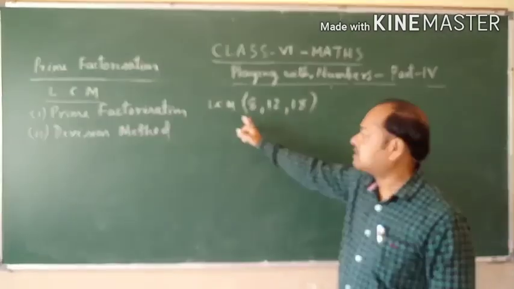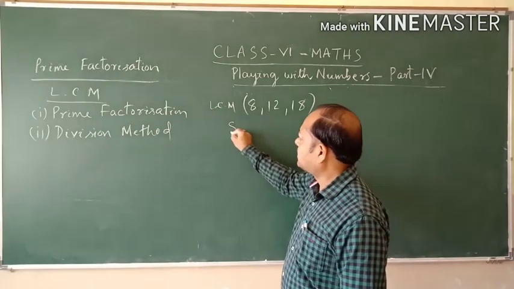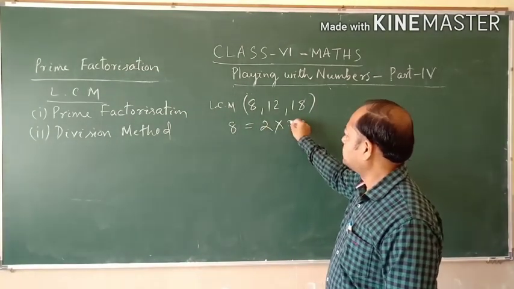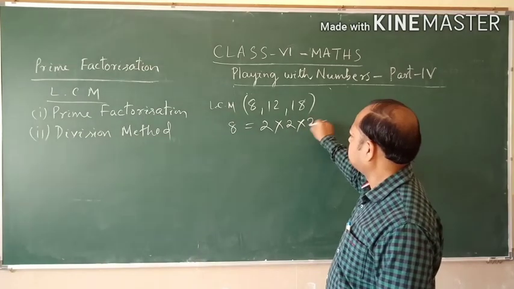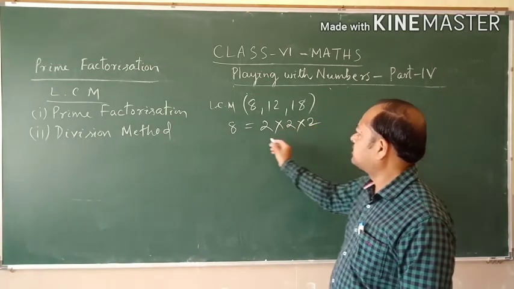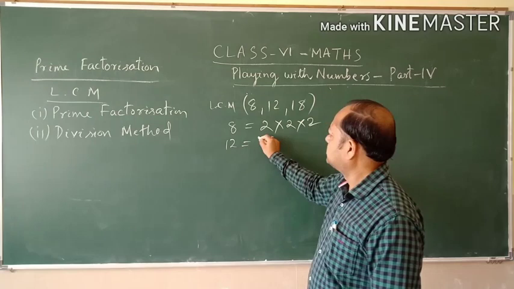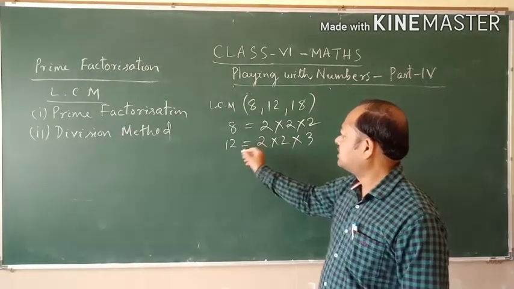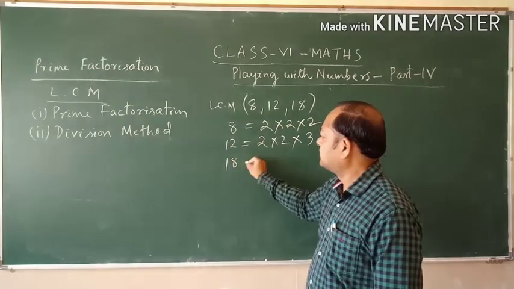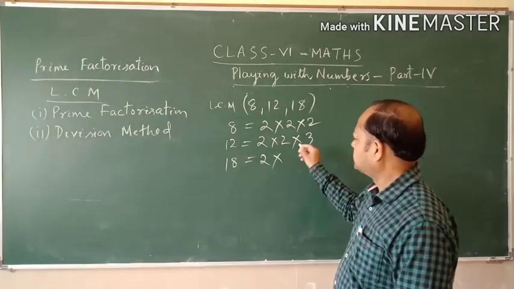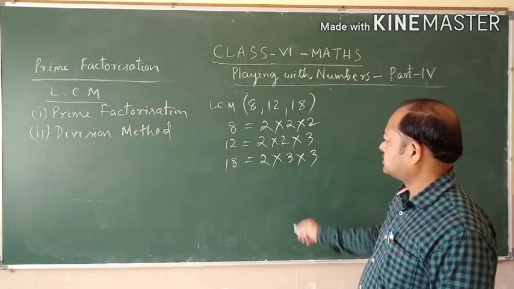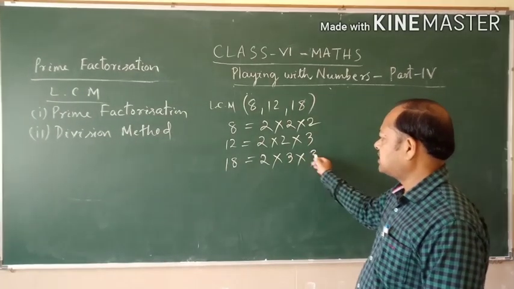Write down the factors of 8: 2 into 2 into 2. Factors of 12 are 2 into 2 into 3. Factors of 18 are 2 into 9, and 9 can be written as 3 into 3.